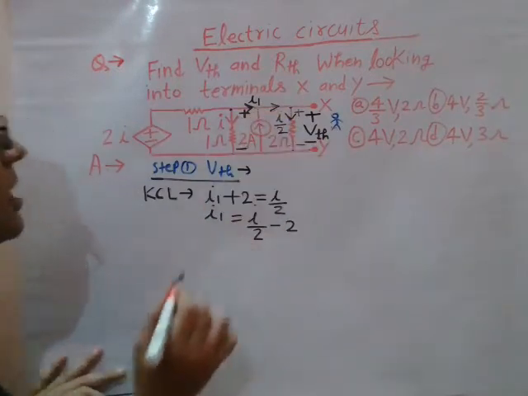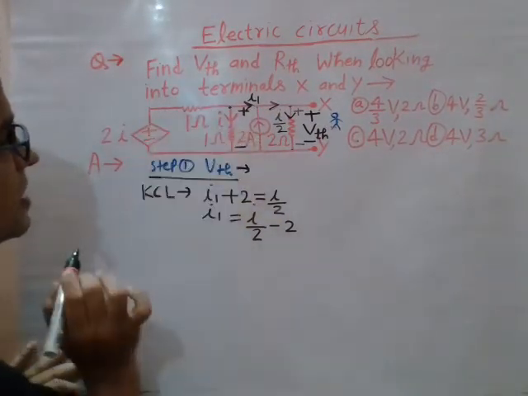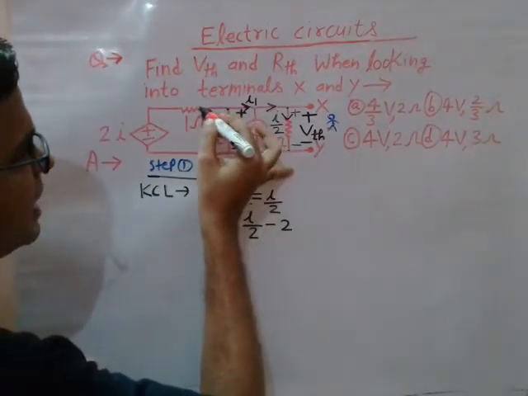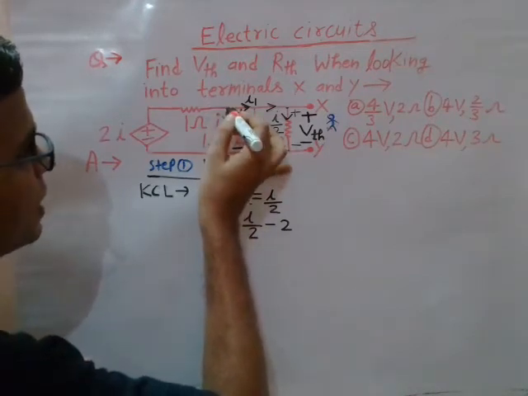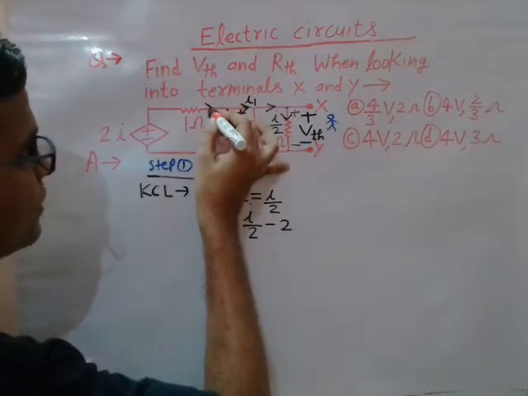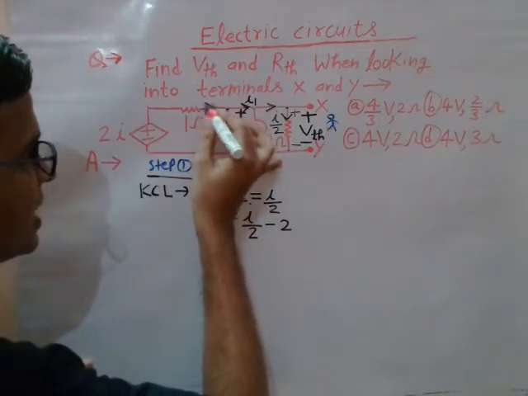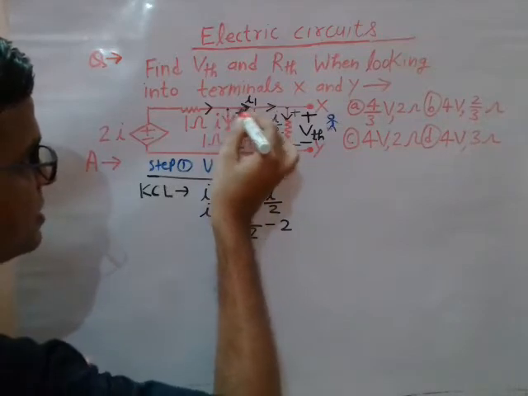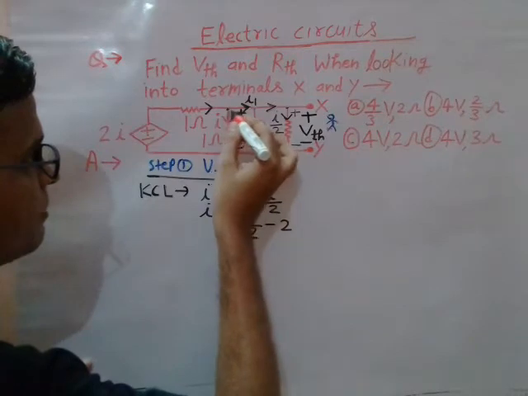Now what is the current flowing in this branch, in the 1 ohm resistance? Have a close look at it. If I again apply Kirchhoff's current law at this particular node, then this current which is coming from here, suppose the direction of current is like this, would be the algebraic sum of this current plus this current, because the algebraic sum of all the incoming current is equal to the algebraic sum of all the outgoing current.